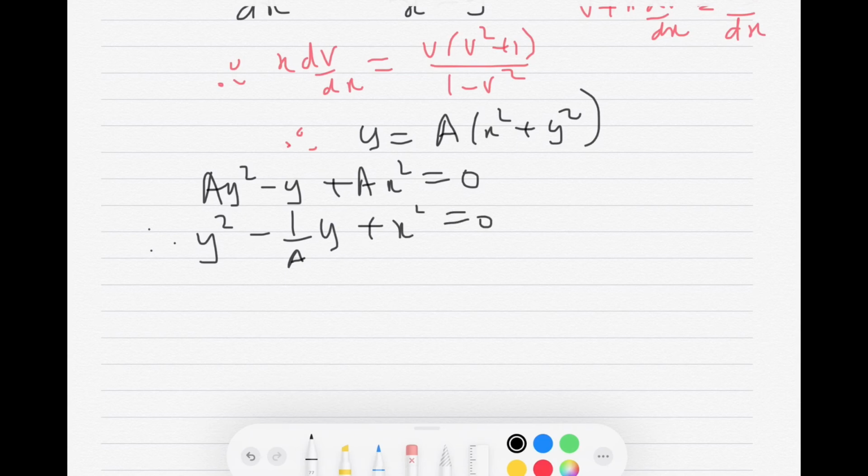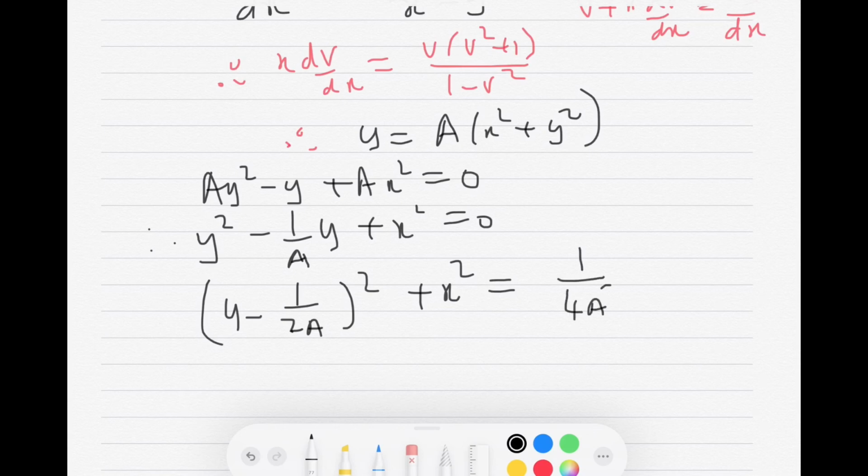If we complete the square in the y coordinates, what you get is (y minus 1 over 2a) all squared plus x squared. So in completing the square in the y coordinates, we've introduced an extra term, (1 over 2a) all squared. Let's do it on the other side. So we get 1 over 4a squared.